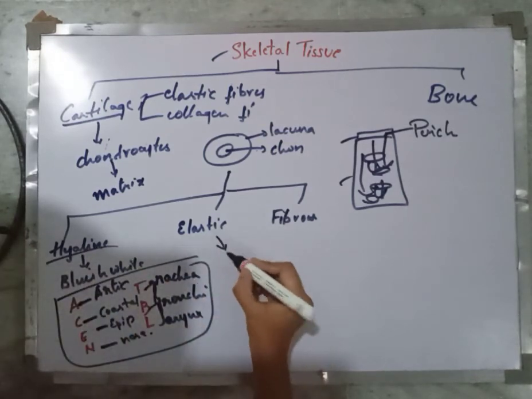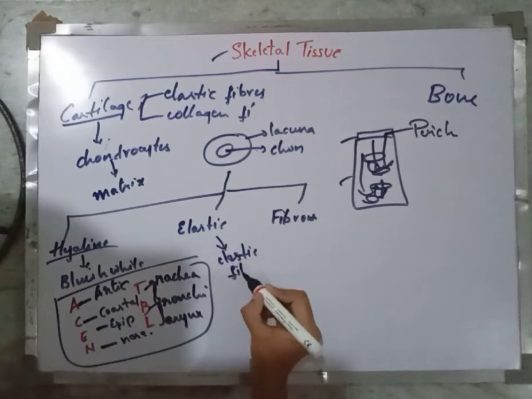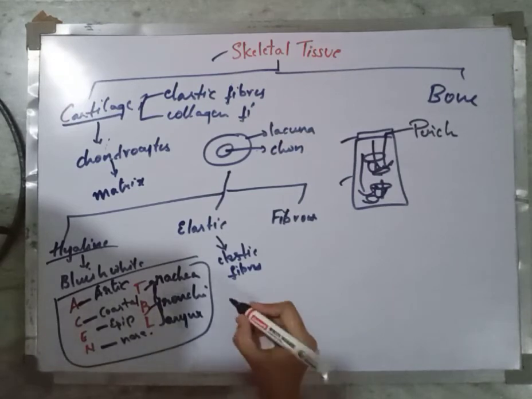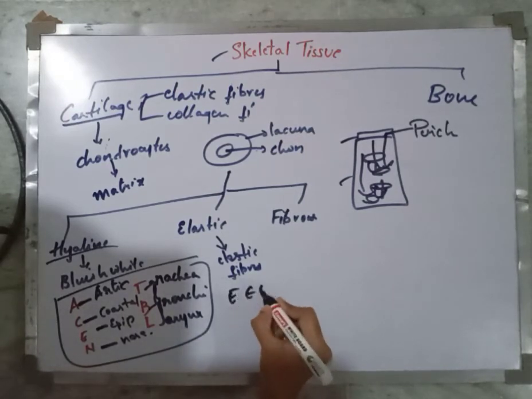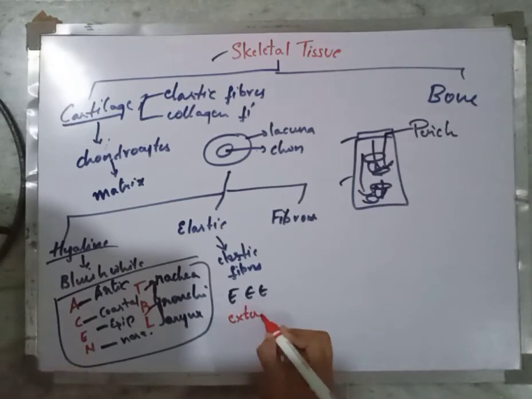And the elastic cartilage, as the name indicates, contains elastic fibers. So it is elastic in nature, and the examples are triple E. Triple E means external ear, so it is found in the external ear, eustachian tubes, and epiglottis.